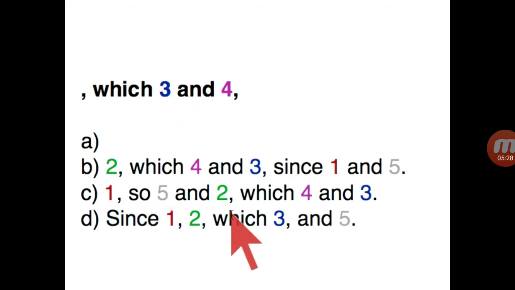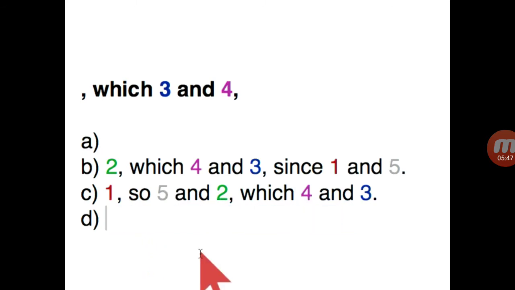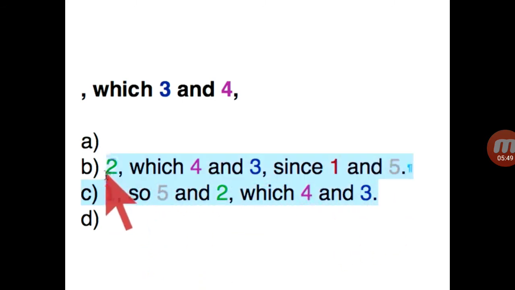Then we have the extra piece of information, which 3. Visually, you can see that 3 is everywhere. And then we say and 4. We know that 4 is contained only in B and C, so we can eliminate D. So we see that C and B remain.